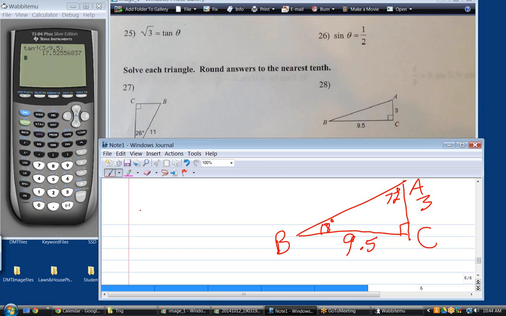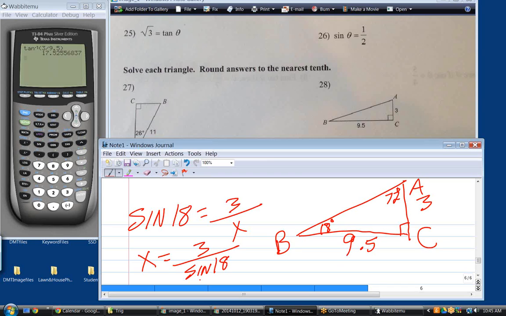So the sine of 18 is equal to 3 over x. Which means that x is equal to 3 divided by the sine of 18.